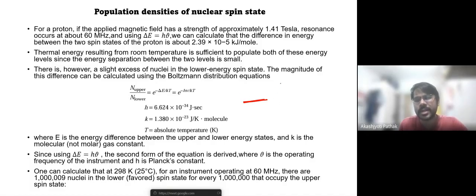Now, in presence of an external magnetic field, you will get two spin states for proton.